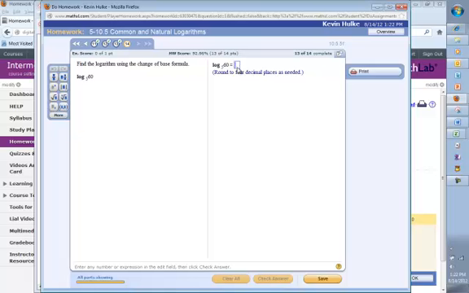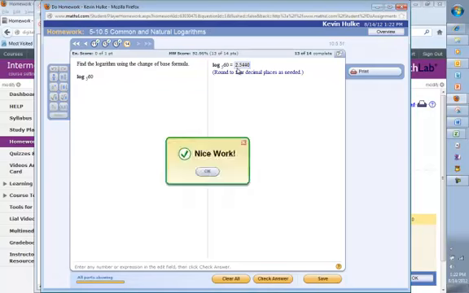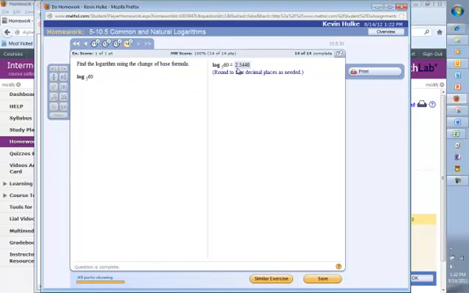Last one will be log of 60, close parentheses, divided by log of 5, close parentheses, equals 2.5440. All right, if you have any questions, give me a holler.